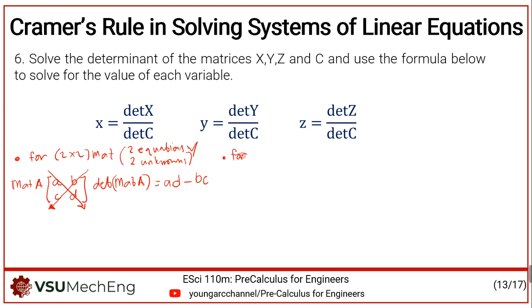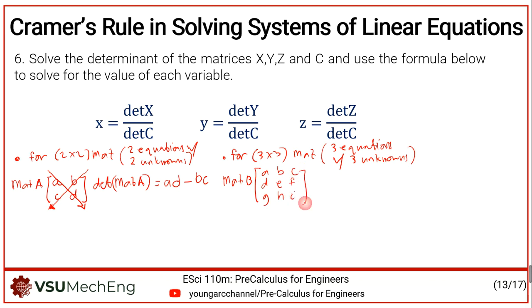How about for a 3 by 3 matrix? This will apply for three equations with three unknowns. Okay, so let's say we have matrix B with elements a, b, c, d, e, f, then g, h, i.